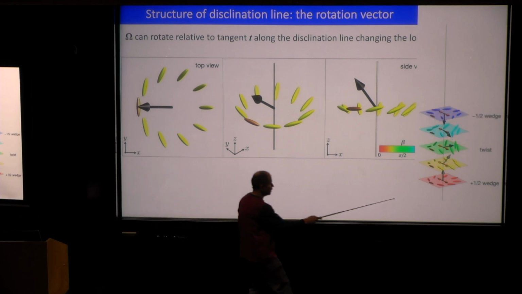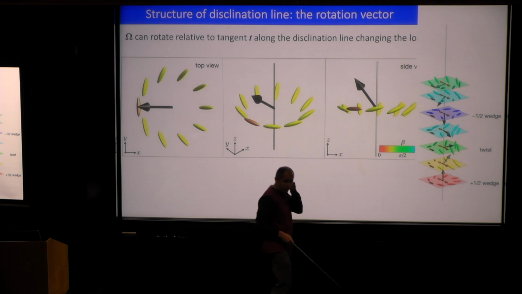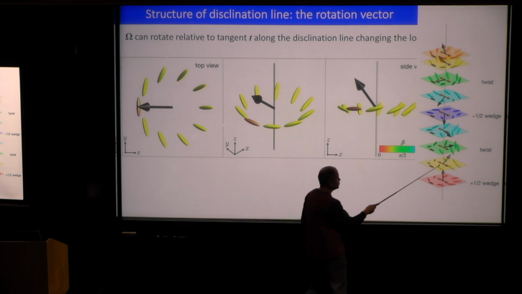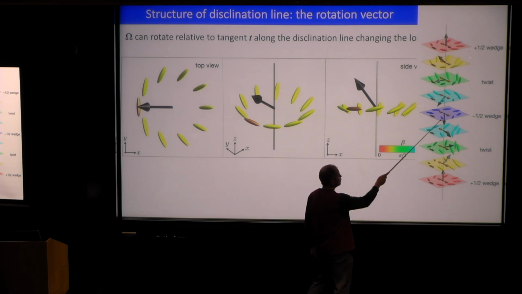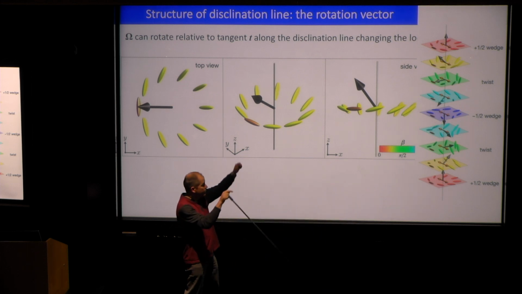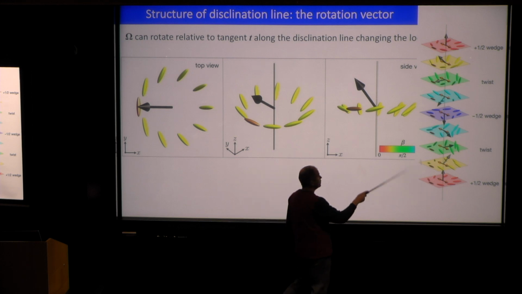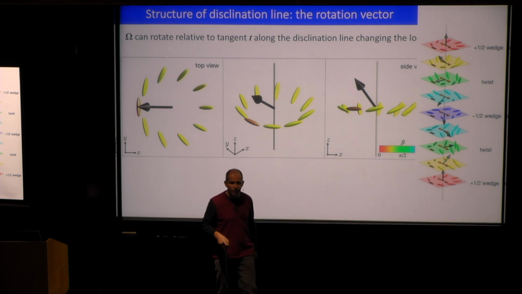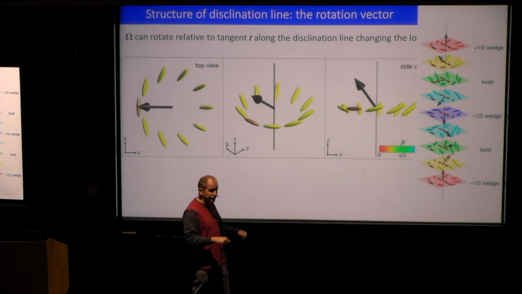So you start with a 1/2 wedge that is familiar from 2D. You go into a twist, you go to a -1/2 wedge, and back to the +1/2 wedge. And then if you close this, you create a disclination loop. Now, there are a lot of different disclination loops.